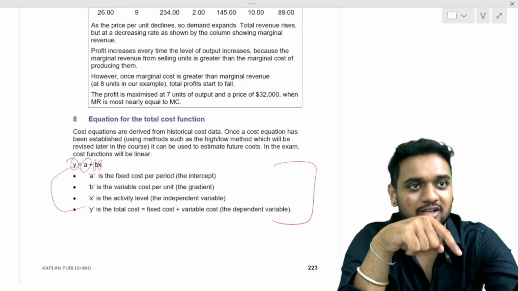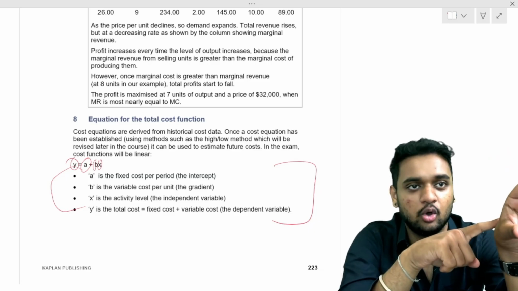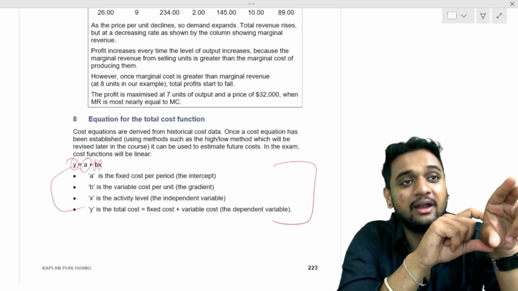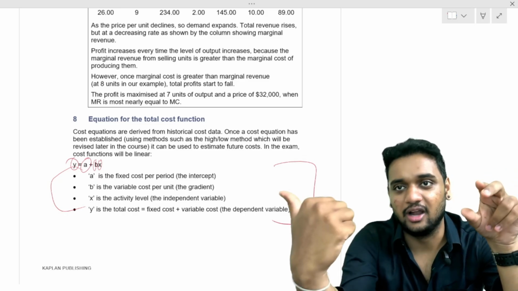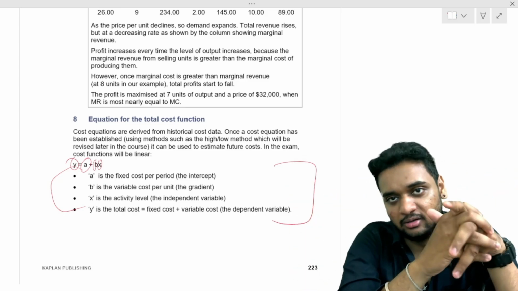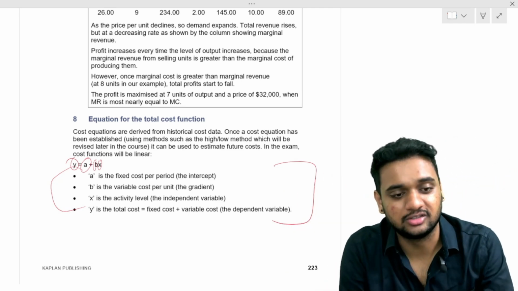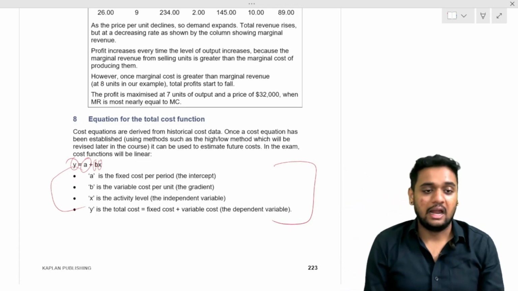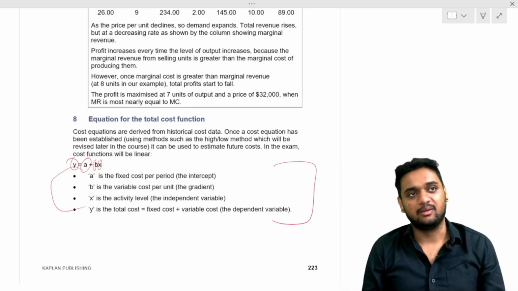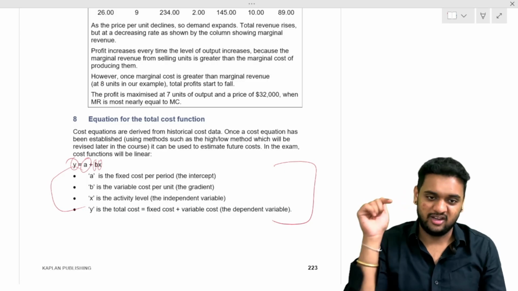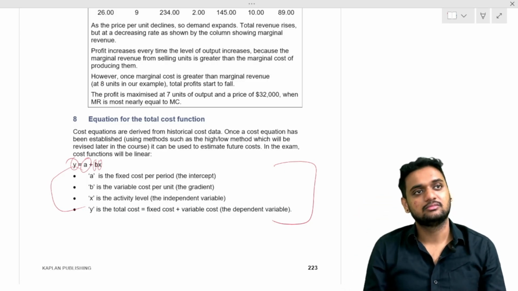So the total cost Y is called the dependent variable and X is called the independent variable. Y is dependent on X. Total cost is the dependent variable and X is the independent variable. For example, they will ask you to find the independent variable. So the number of units is considered the independent variable.